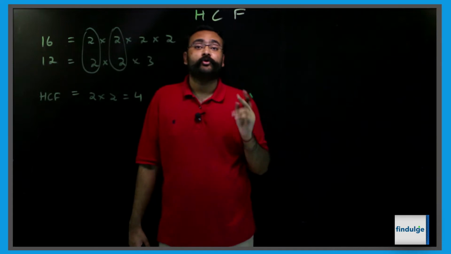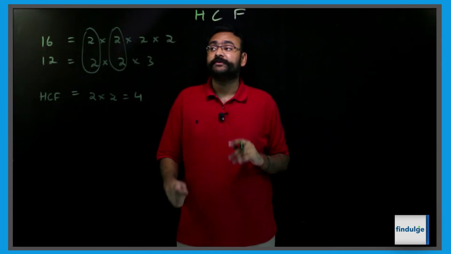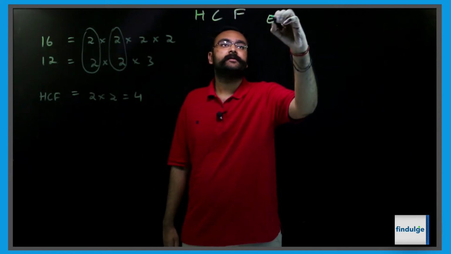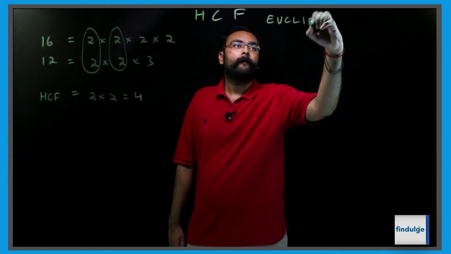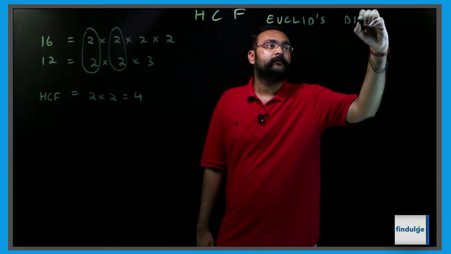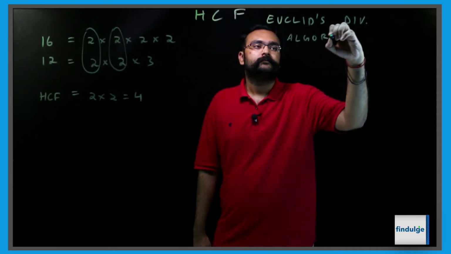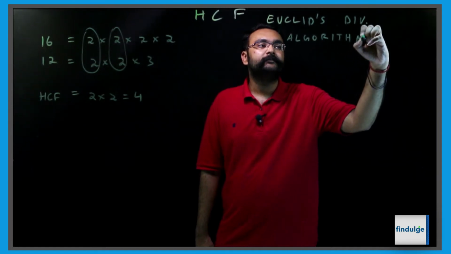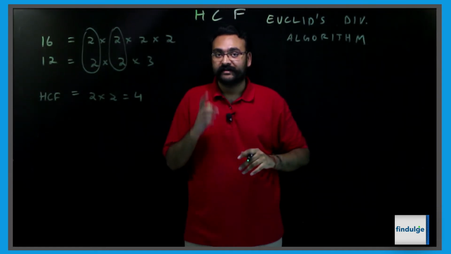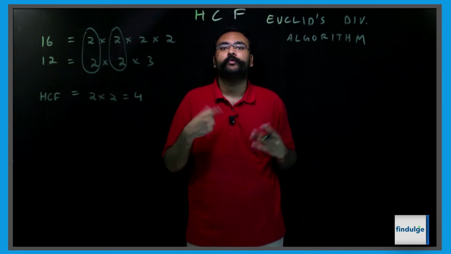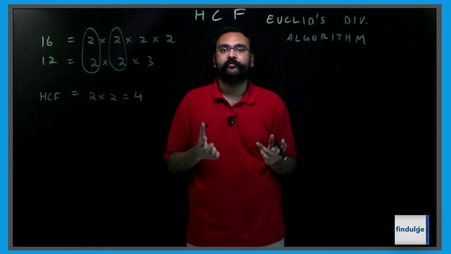Now we learn how to calculate the HCF using what we call Euclid's division algorithm. An algorithm is nothing but a set of steps that you can always follow to get an answer to a type of question.